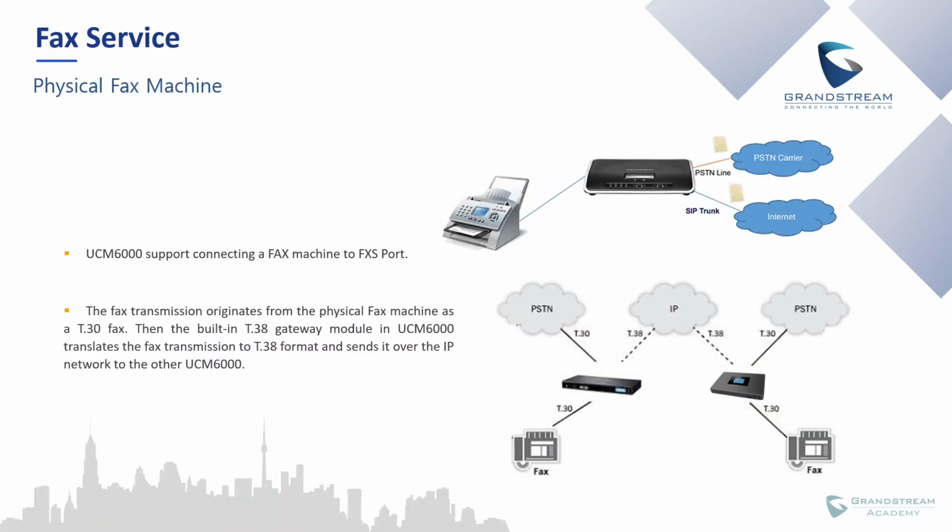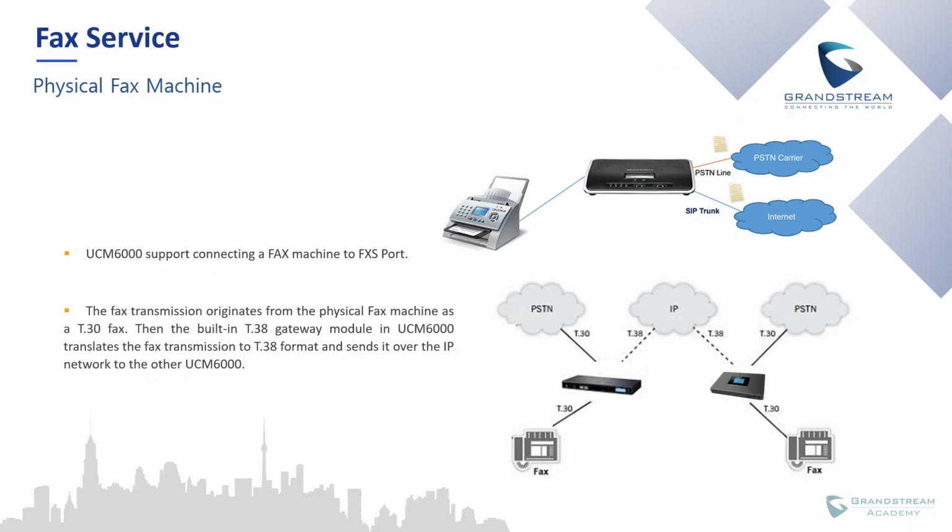Let's start with the first one, which is directly connecting a physical fax machine to the UCM through the FXS interface available on the UCM. The fax transmission originates from the physical fax machine as T.30 fax.